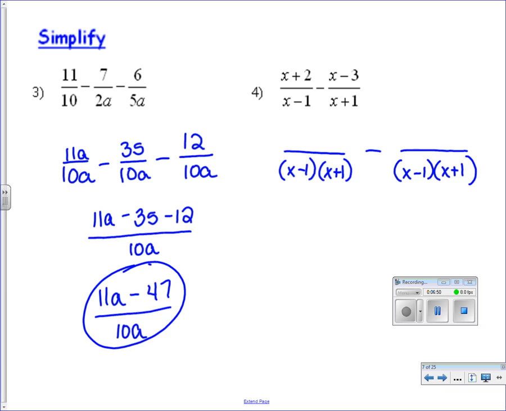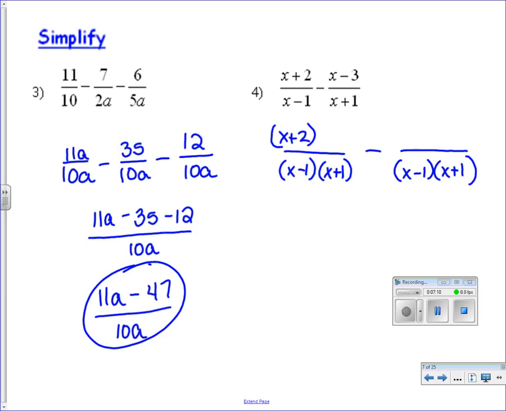So if they're two unique different things, then you just put them both in parentheses down in the denominator. So we're going to be multiplying a little bit more. So this x plus 2 is going to stay, but what did I multiply the denominator by to make this?